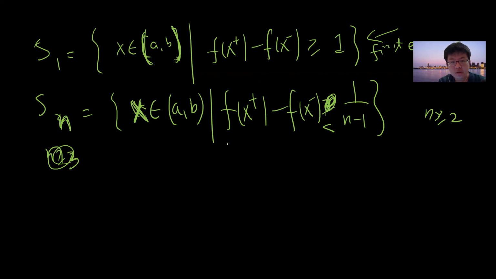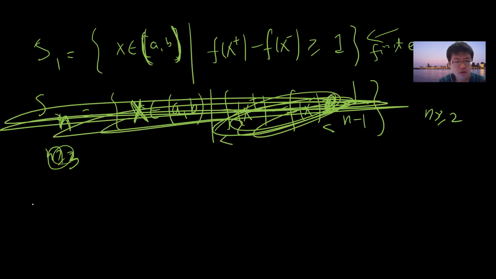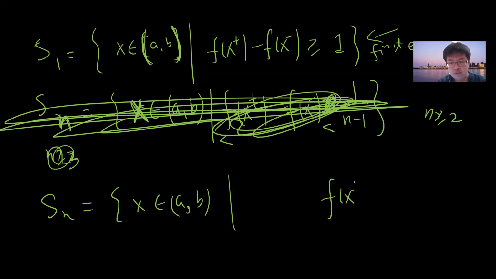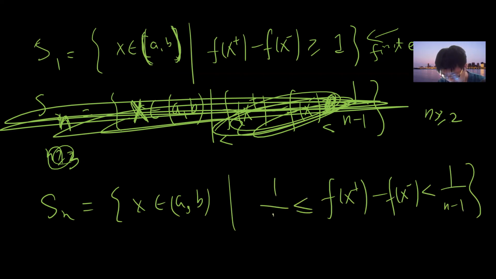Let me just redefine. Sn is defined to be the set of points in the open interval such that f(x+) minus f(x-) is less than 1 over n minus 1 and greater or equal to 1 over n. So I restricted the jumps to be less than this and greater or equal to this.